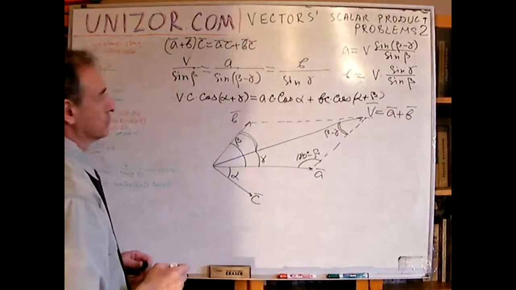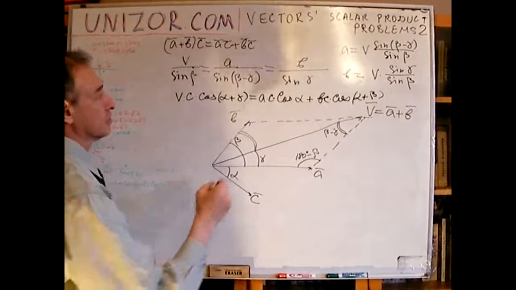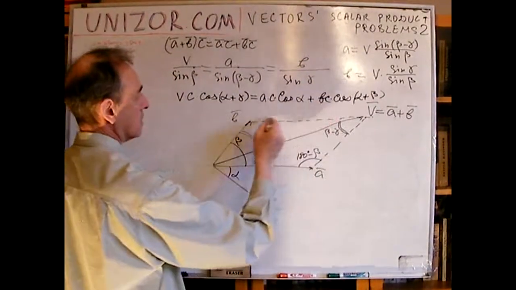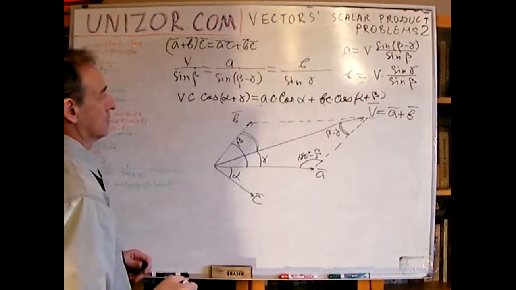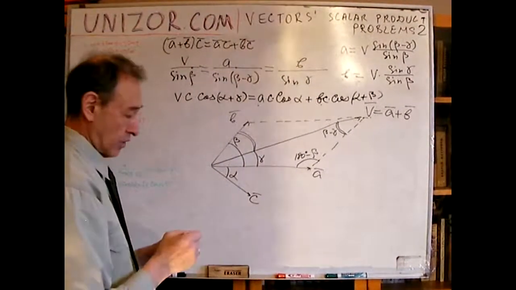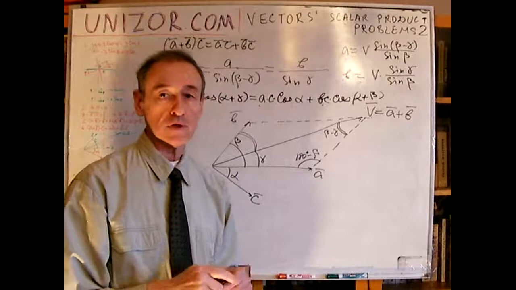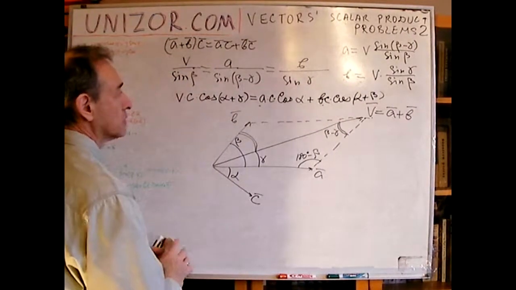That's what we have to prove. So what I'm going to do, I will substitute this and this into A and B here, and I'll just try to prove this trigonometric equality.